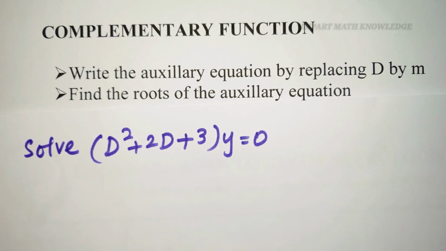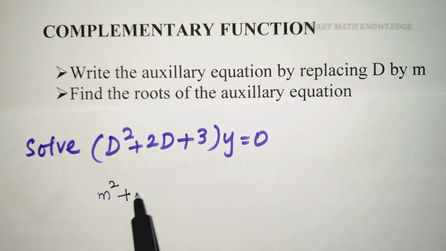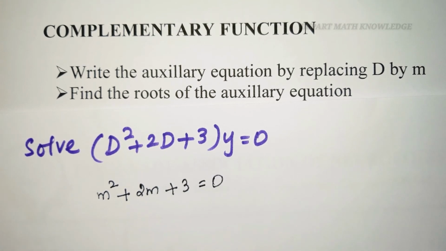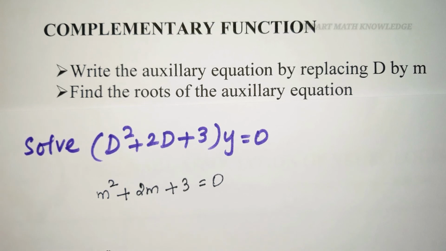Write the auxiliary equation. m² plus 2m plus 3 equals 0. Now we have to find the roots of this equation. We have to find the two factors. If you add those two factors, you will get 2. If you multiply the same factors, you will get 3. It is not possible. So we go with the formula method.